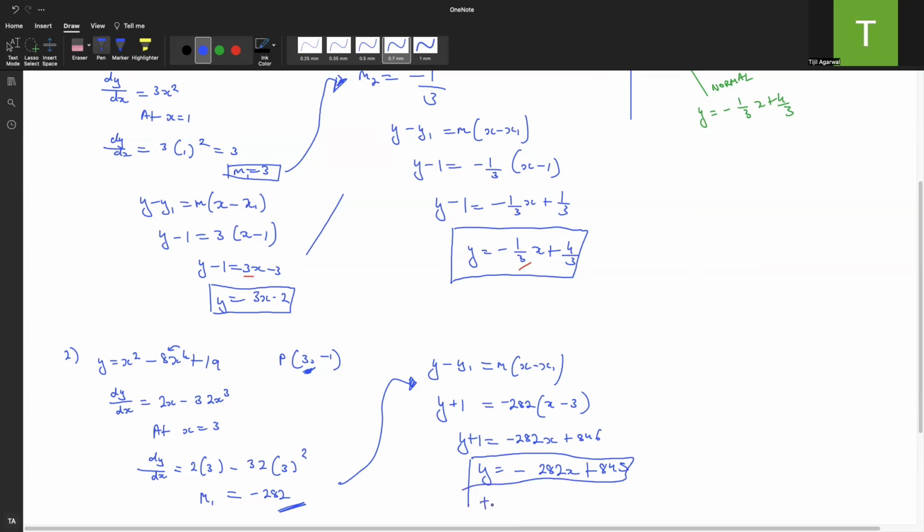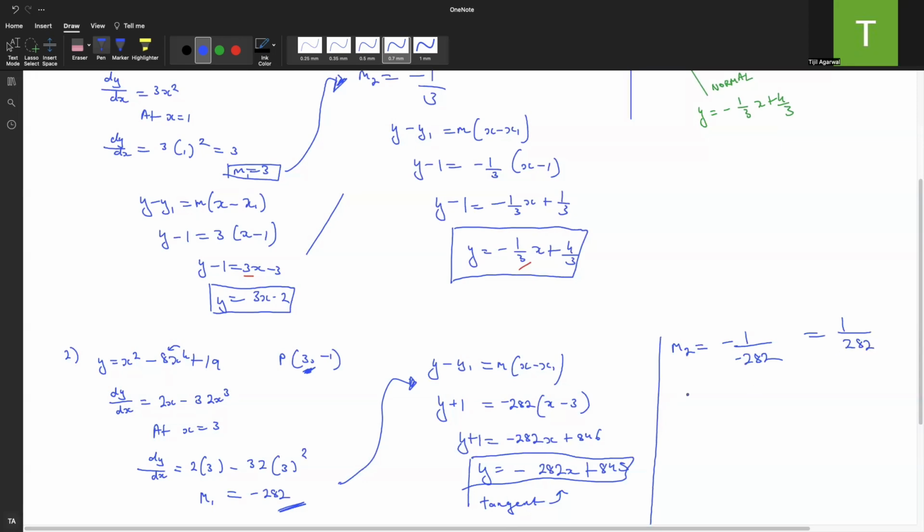So let's put that as the tangent. And now to find the equation of the normal, we're going to do the same thing. This m2 is now going to be very small. It's going to be -1 over -282, which is just equal to 1 over 282.